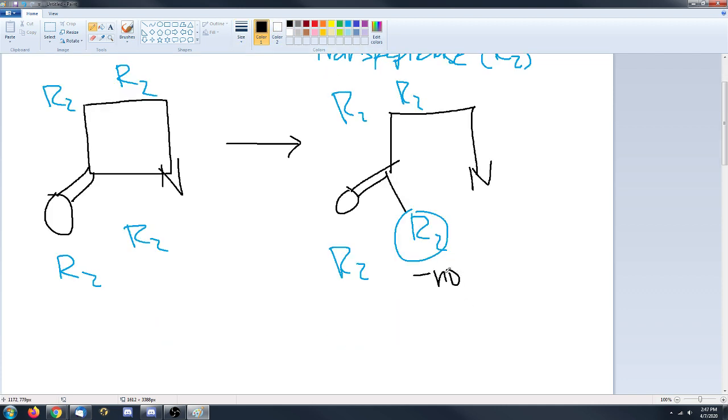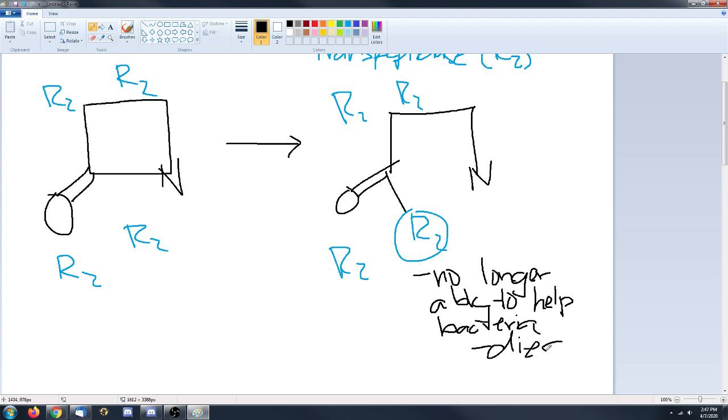R2 is no longer able to help bacteria create its wall. That means bacteria dies. So we win.